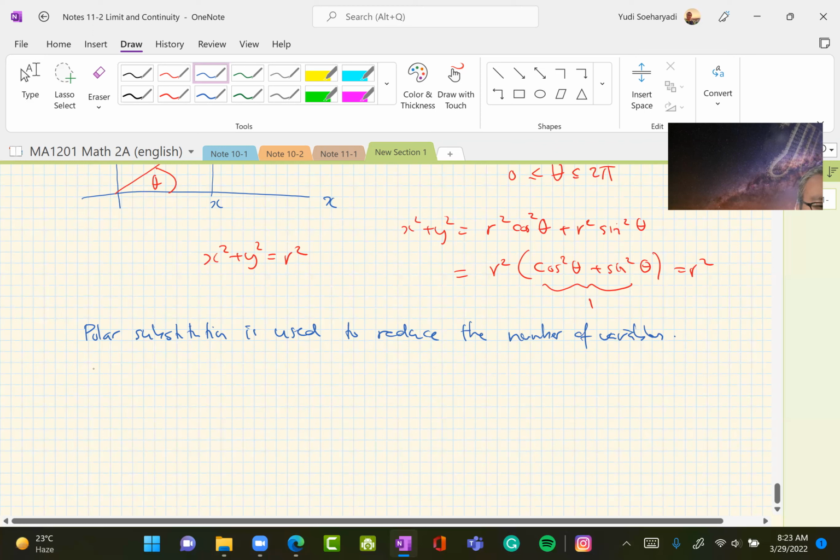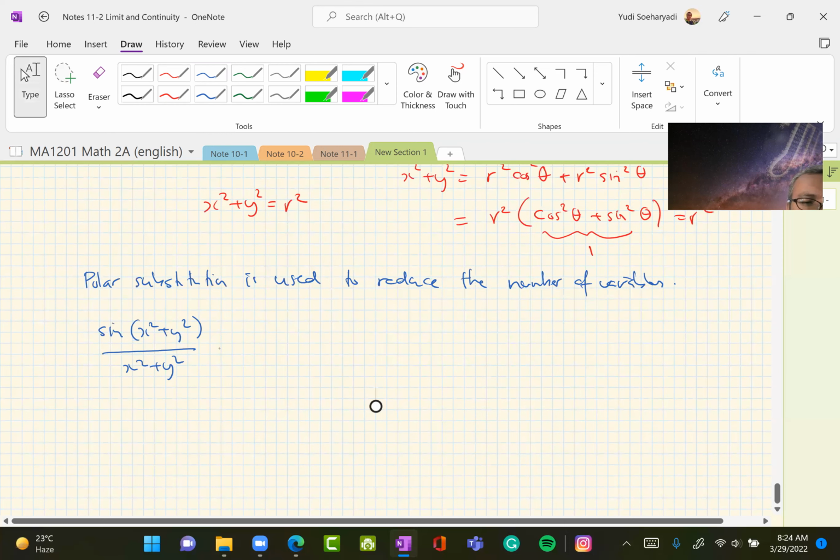So for example, this one here, sine of x squared plus y squared over x squared plus y squared. By polar substitution, you get sine r squared over r squared.